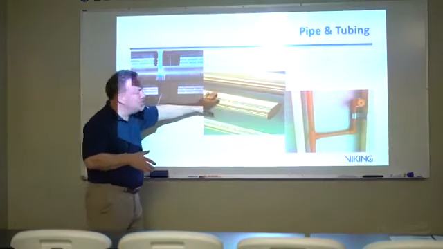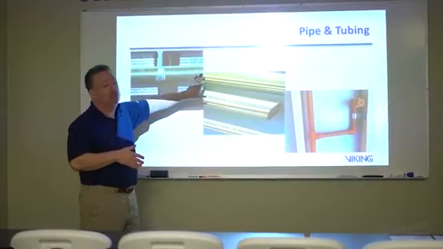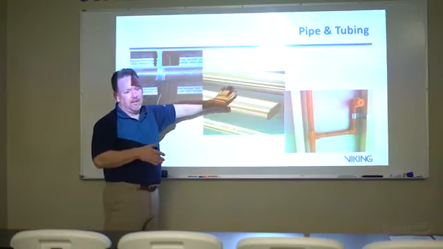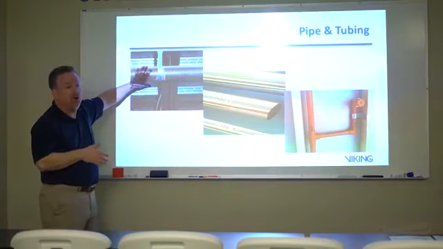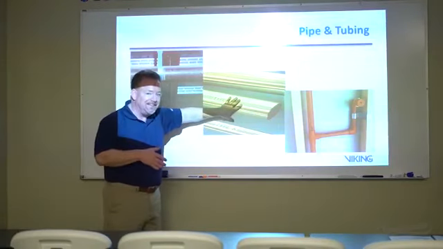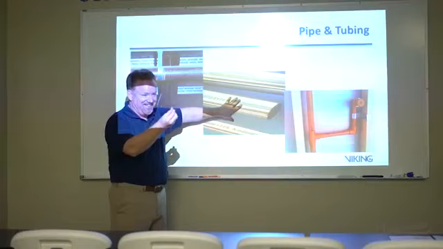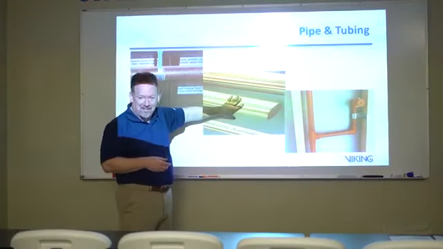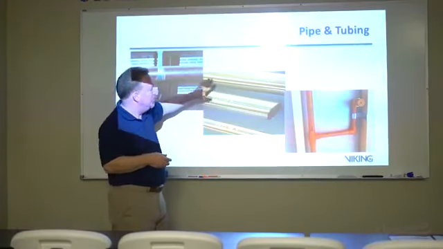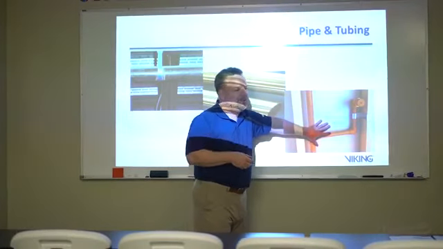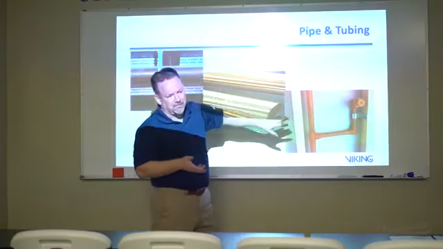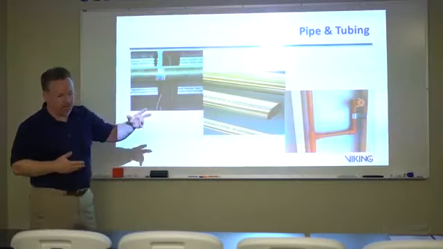So why would you use copper? Because it's got great friction loss characteristics as compared to steel. Why wouldn't you use copper? Right, it's expensive. Okay? So why wouldn't you use plastic? Why wouldn't you use CPVC? Lots of different reasons. It may not be listed for exposed.